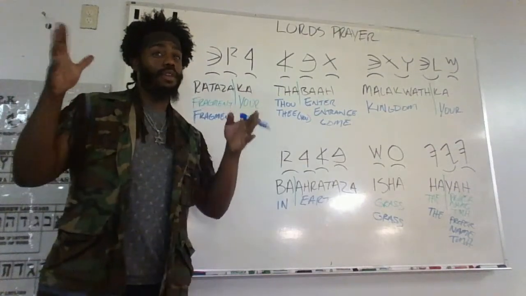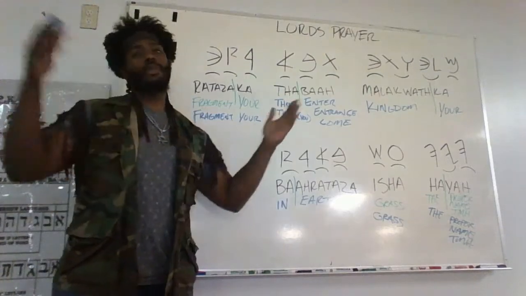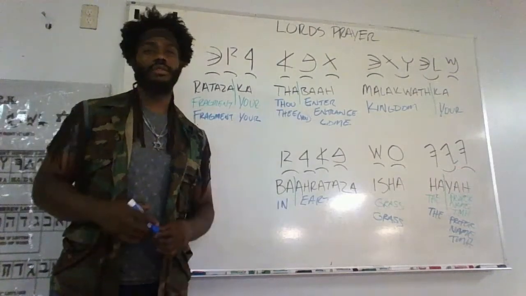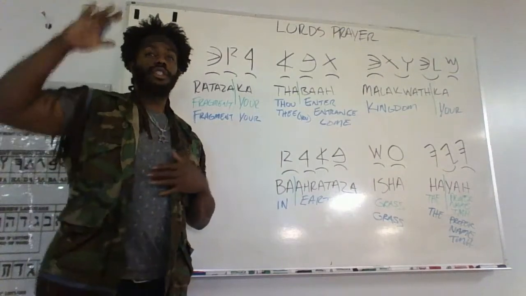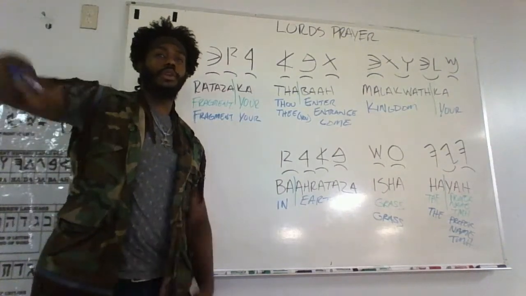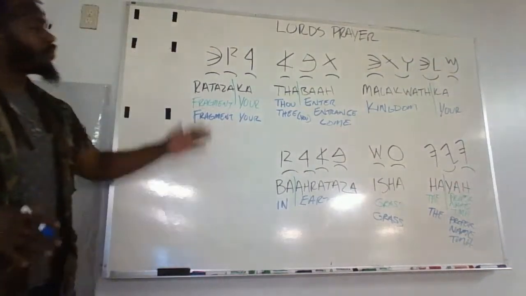So your fragment of the kingdom enter into the earth. Because the whole kingdom of heaven is going to come to earth, right? But the hierarchy, all right? Just like it's the heavens above, it will be on the earth below. As above, so below.